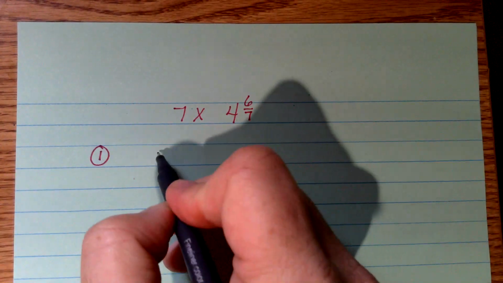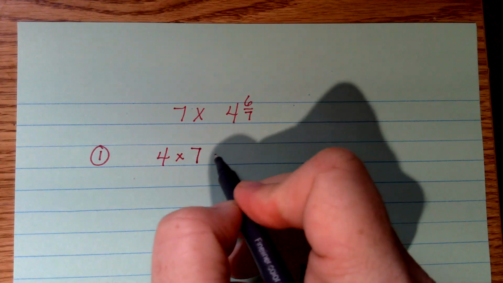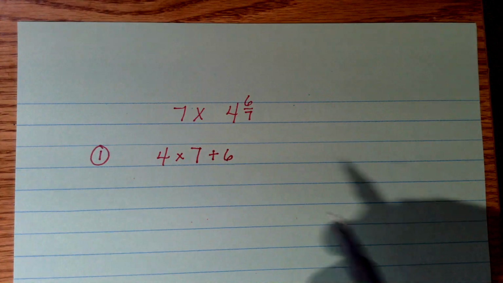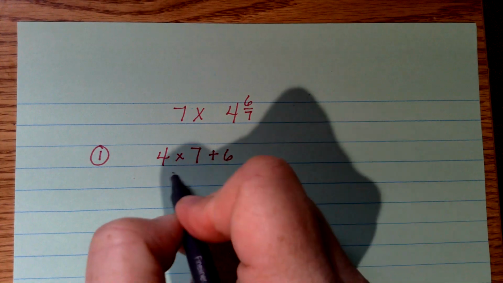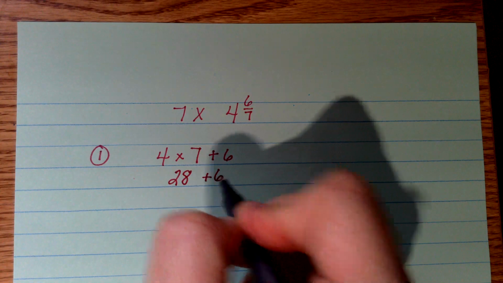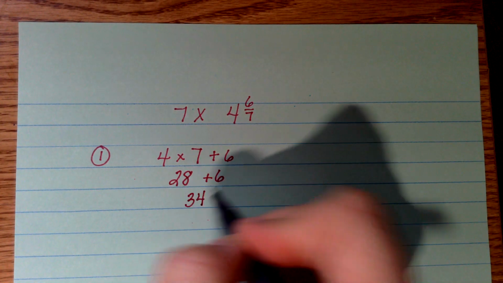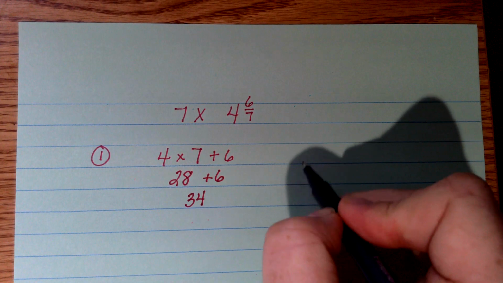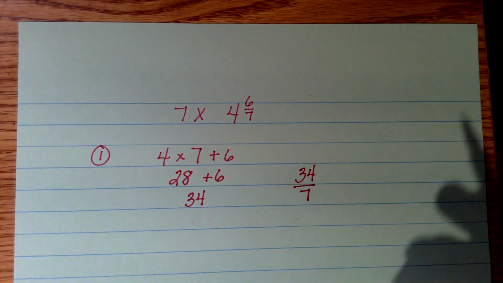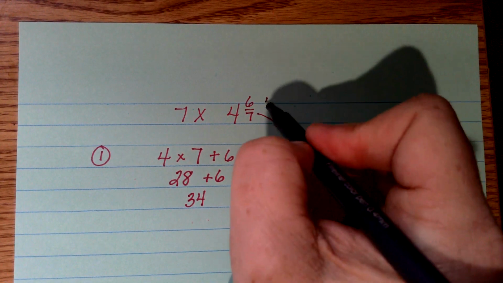So I'm going to multiply my whole number times my denominator, and I'm going to add my numerator. So for me, I know that 7 times 4 is 28, plus 6. 28 plus 6 is 34. So my new fraction is going to be 34/7. So we've gone from mixed to improper.